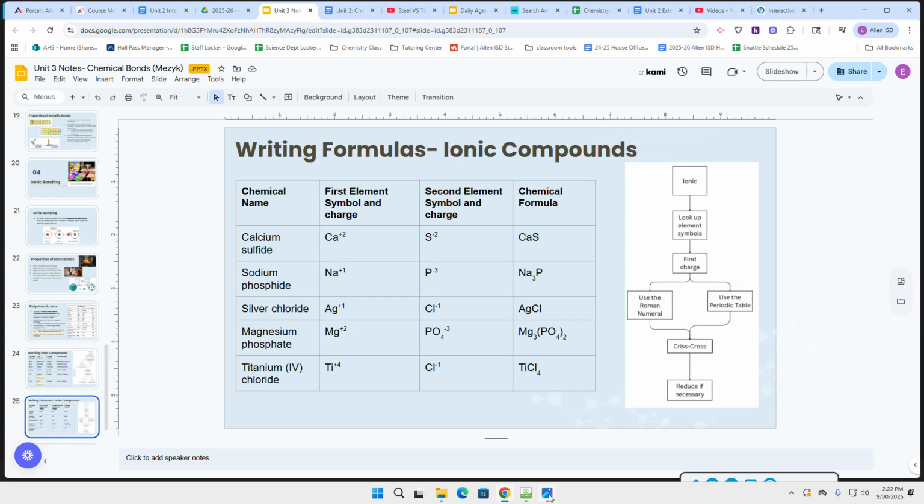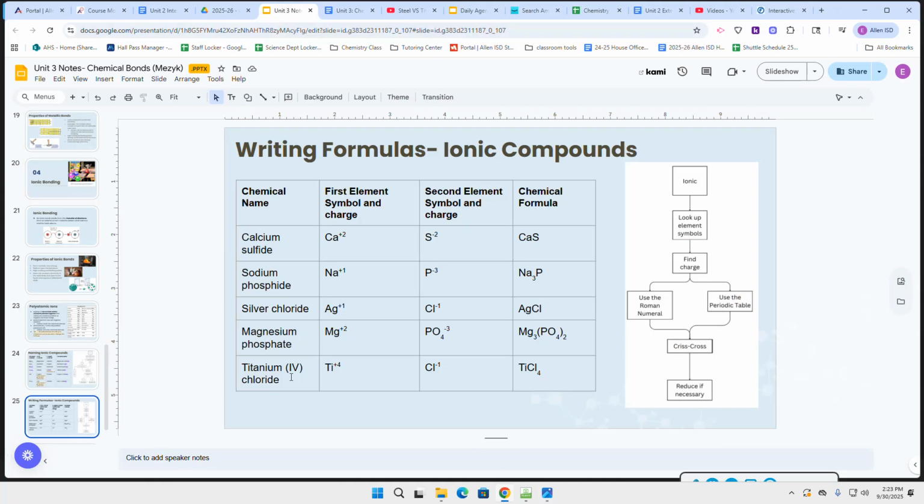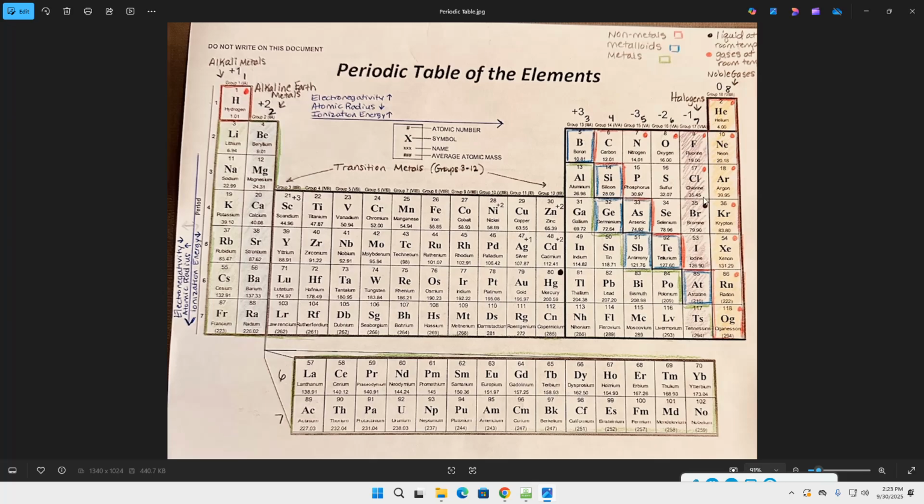So titanium is a transition metal. It's right here. We can see it doesn't have a charge. That's why we had to use the parentheses with the Roman numeral. And then the other element in our formula here is chlorine, and chlorine is a halogen. It's over here, so it is a -1 charge.